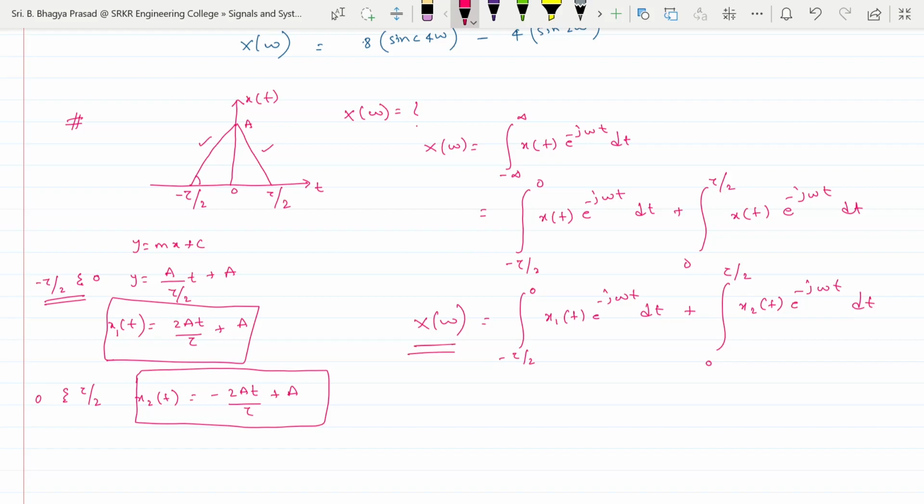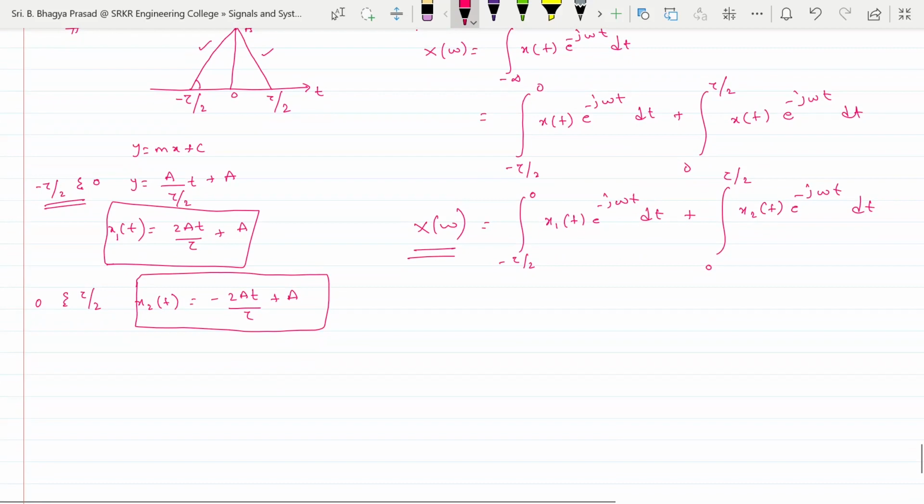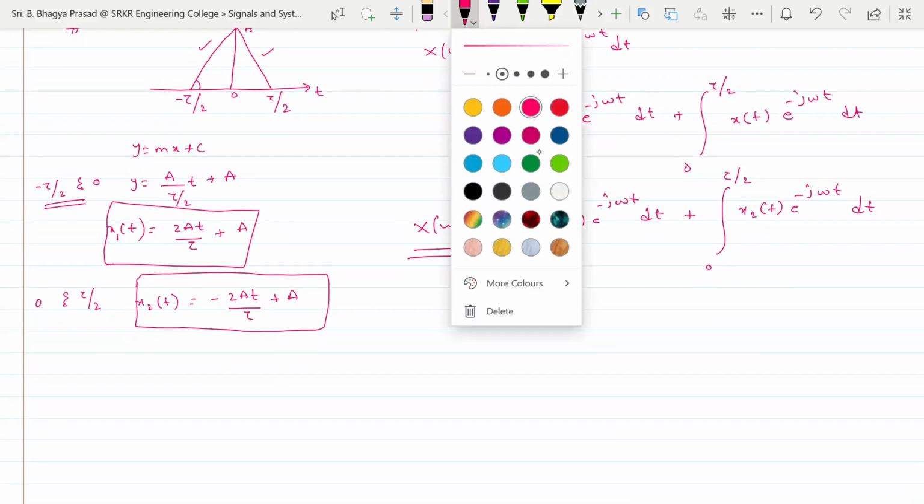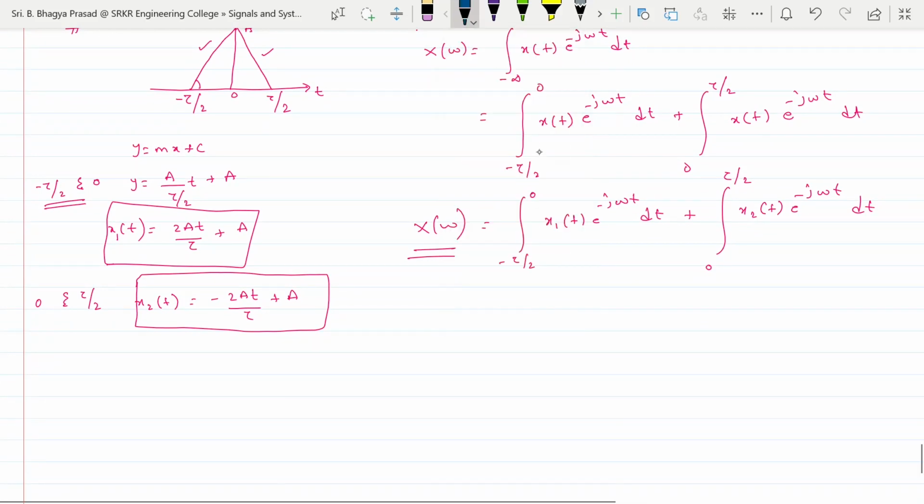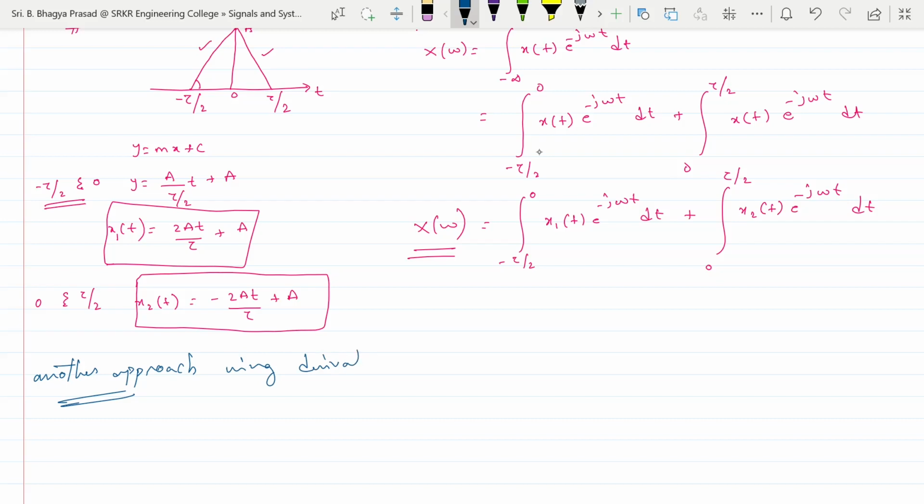And there is another approach, the second approach, using the differentiation. Another approach using the derivative of x of t.